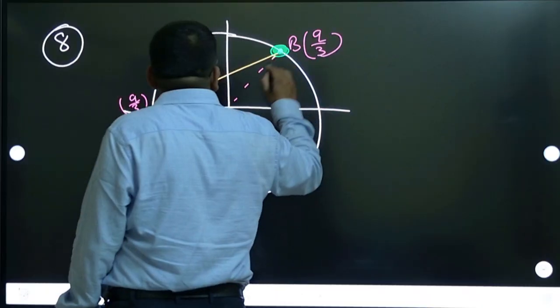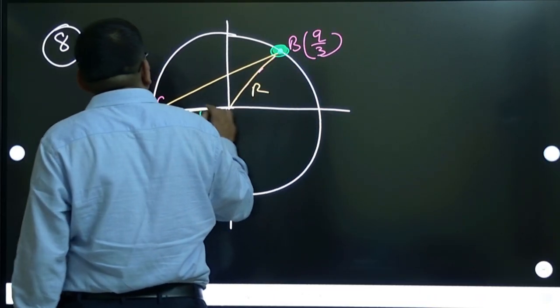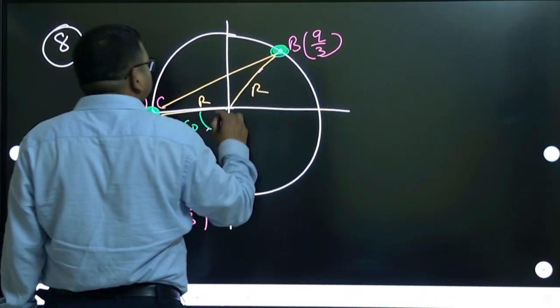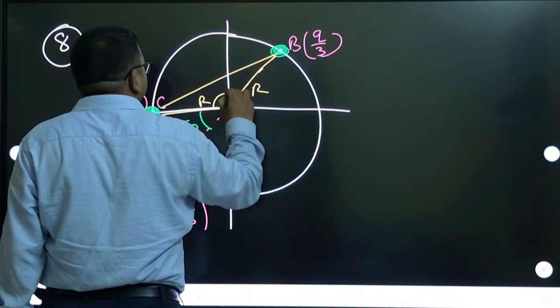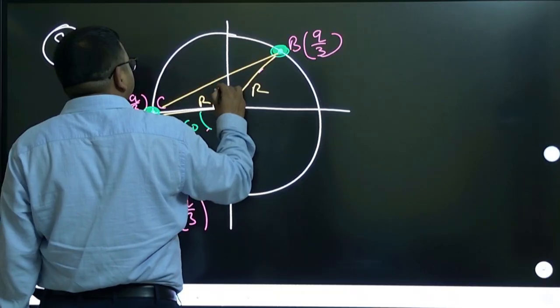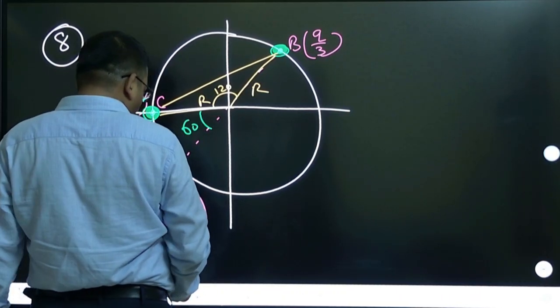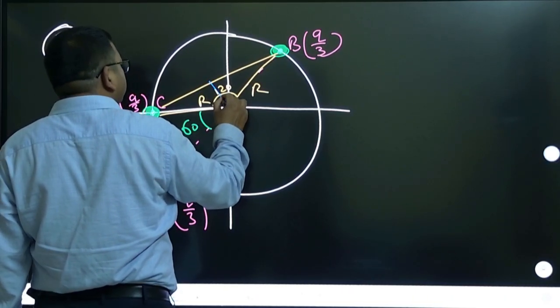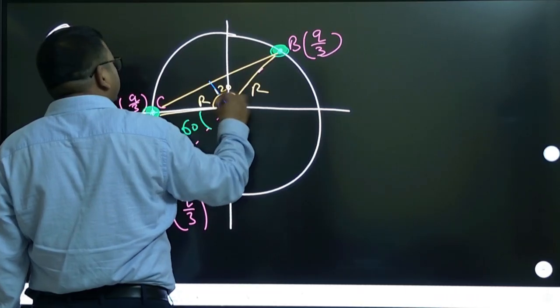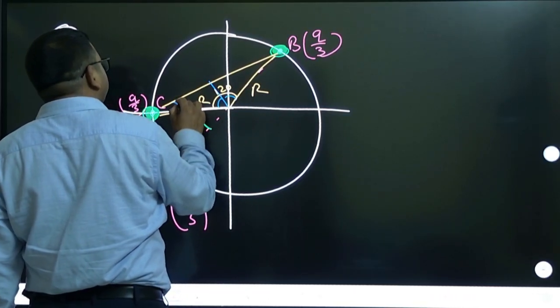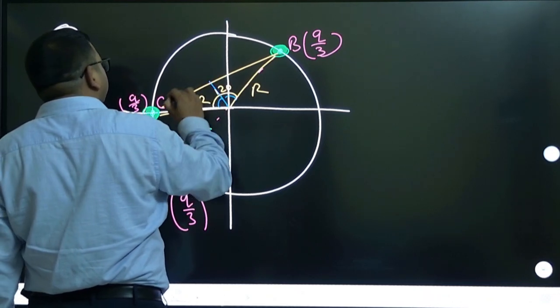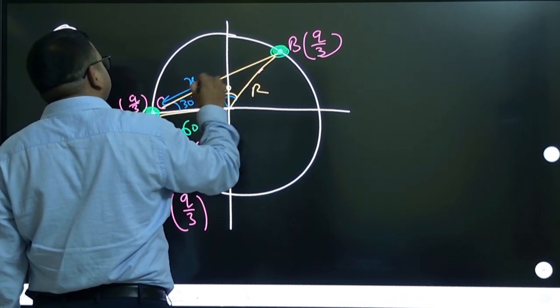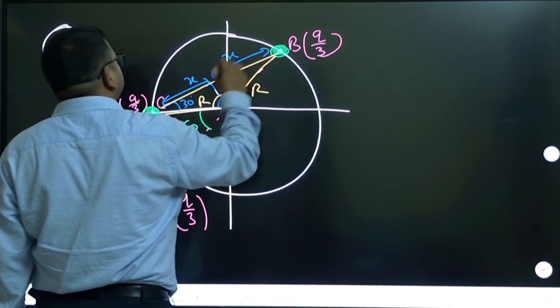So note that this is the radius r, this is the radius r, and this is 60 degree. So this will become 120 degree, and if you drop a perpendicular from here, it bisects here, right? So this becomes 60 degree, this becomes 120, and this will become 30 degree. Let us say this distance is x, it is like the chord length.